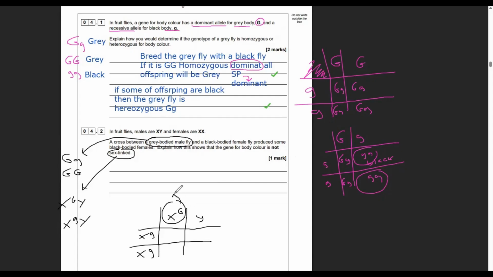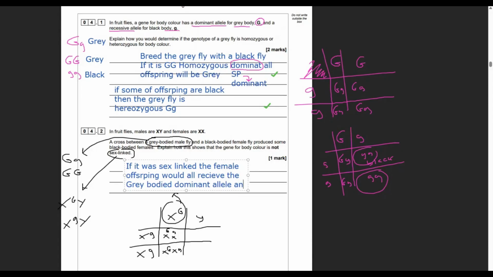So when the daddy has his kids with the black female, the daughters are going to be X^G X^g, so we'll have two grey females. It's impossible to have black females in this situation. So a grey-bodied male fly with a black female fly, if the gene is sex-linked, cannot have any black female offspring.